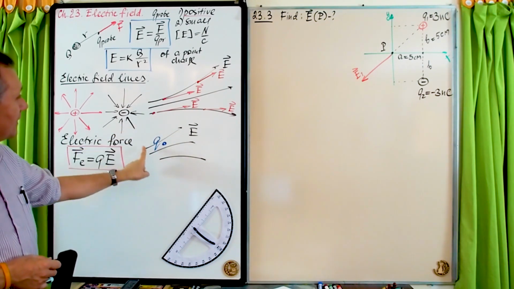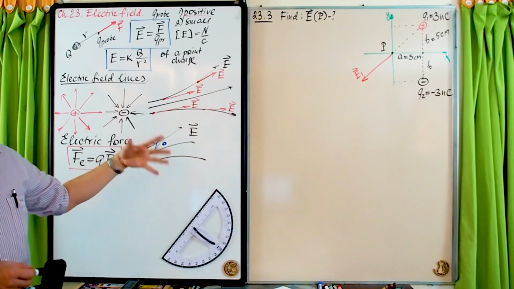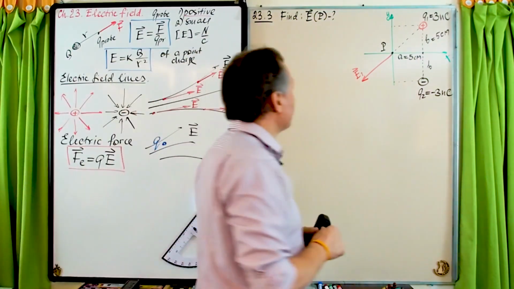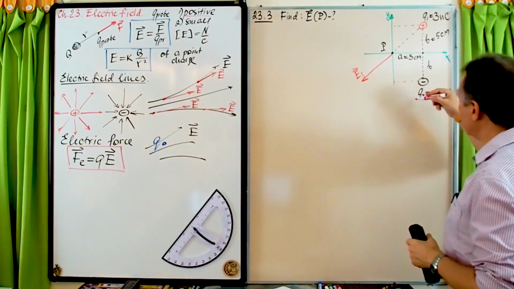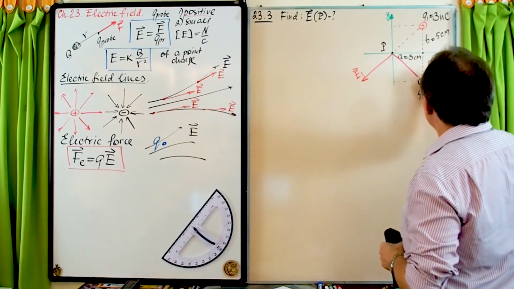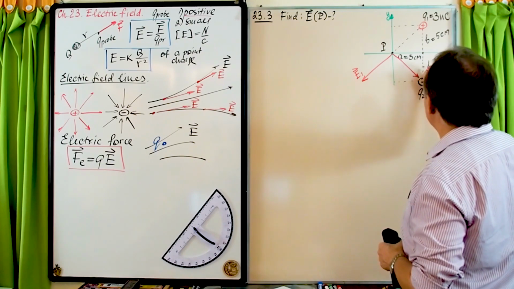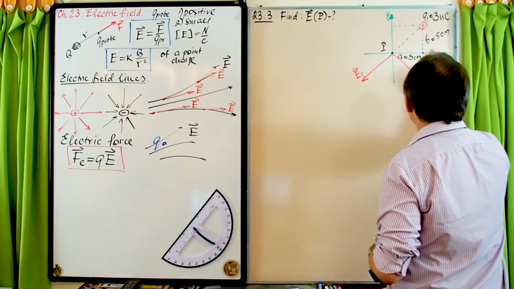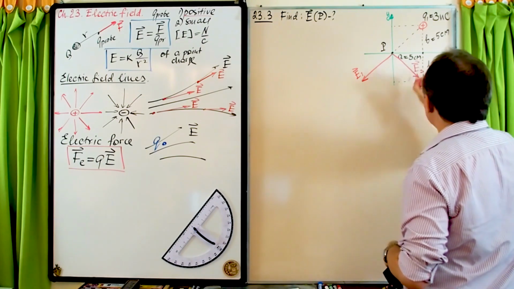Then Q2. Q2 is negative, so it's this picture. So one of these electric field lines is going to give us electric field, pointing, of course, towards the negative charge. So this will be this way. So this will be our, where should I draw it? Probably over here, E2. Right?